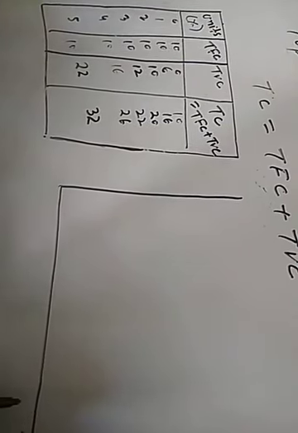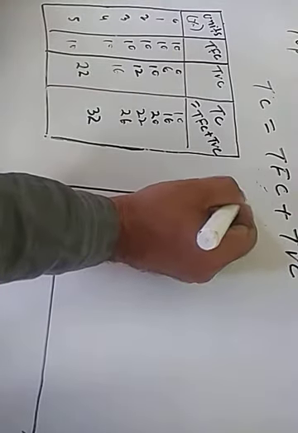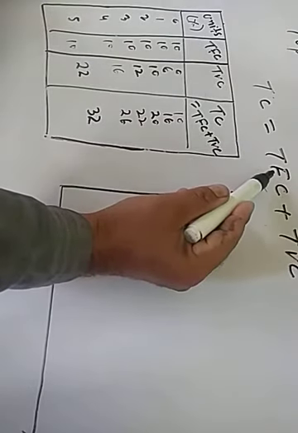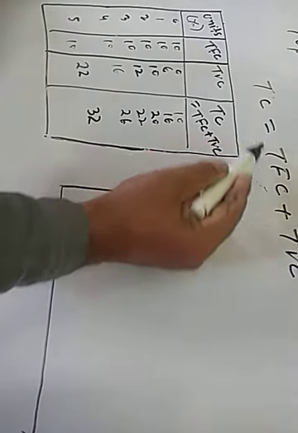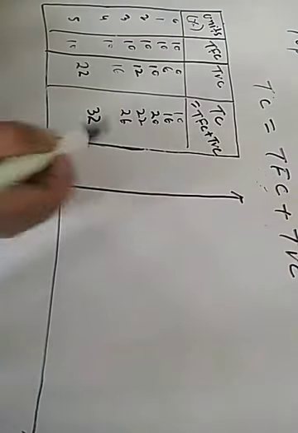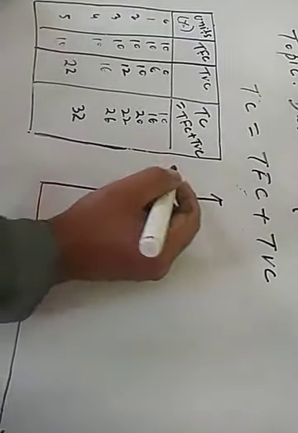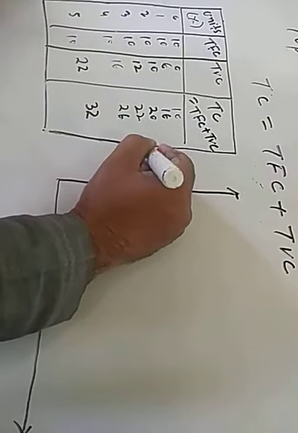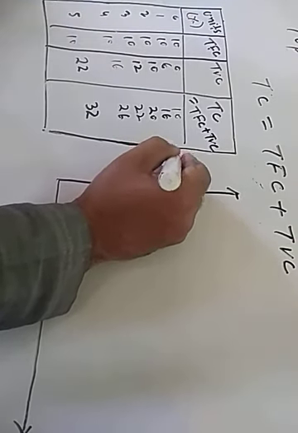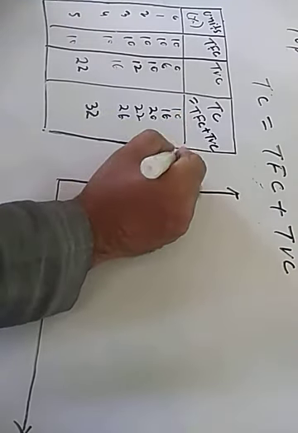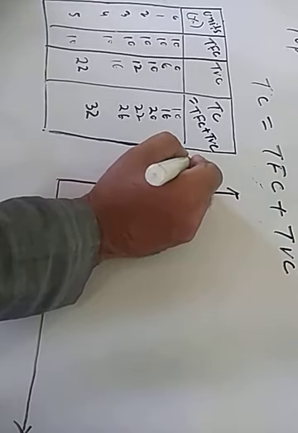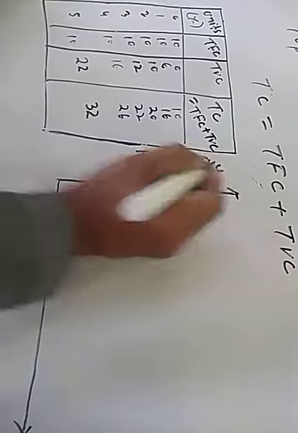As you know, on the vertical axis, the y-axis, we take the value of costs. Here we have to draw three curves: the total cost curve, the total fixed cost curve, and the total variable cost curve. Therefore we will take the values of total cost, total fixed cost, and total variable cost.